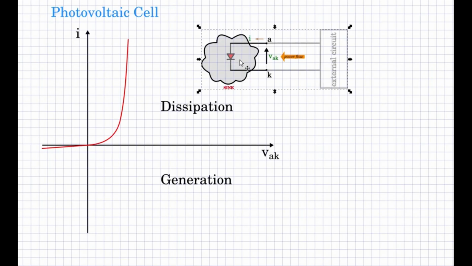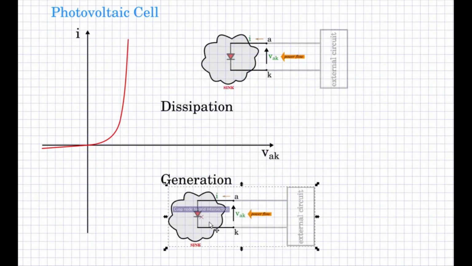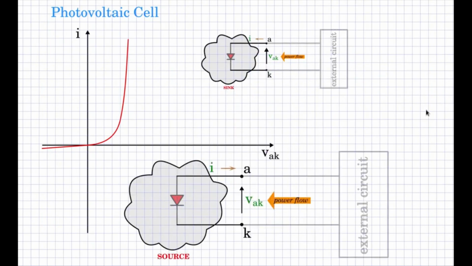Let me drag a copy of it here, and increase the size so as to make it more legible. So in this quadrant we see that the current is negative with respect to what we have represented here.